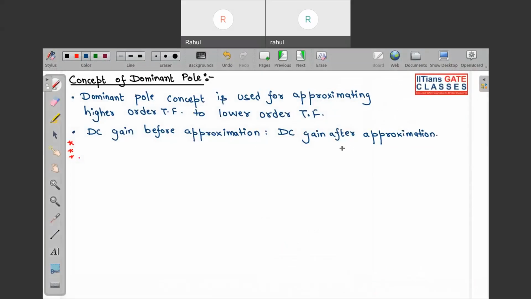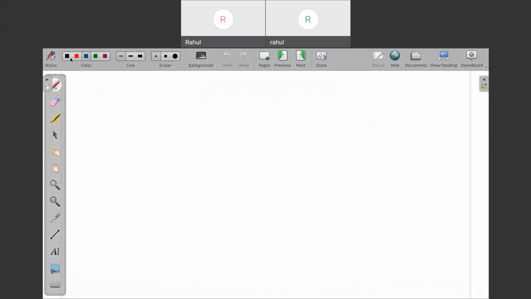Now let us understand this concept of dominant pole with the help of an example. Assume we have a system 1 divided by s plus 1, s plus 10. So this is a second order system.